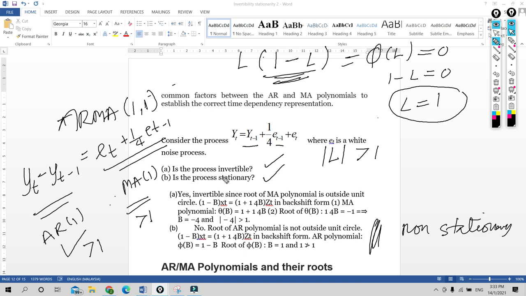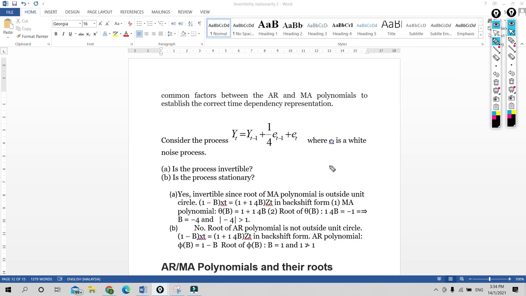The second part, I want to check for invertibility. For invertibility, we have to refer to the MA model. This is only the MA model here. So your MA(1) can be written as epsilon_t plus 1 over 4 epsilon_{t-1}.